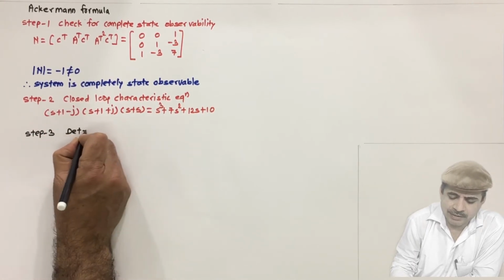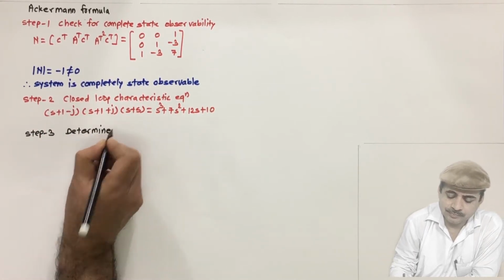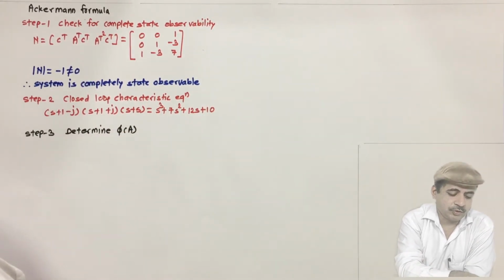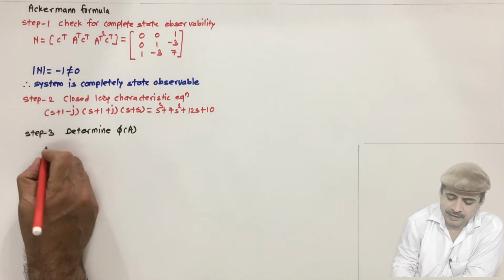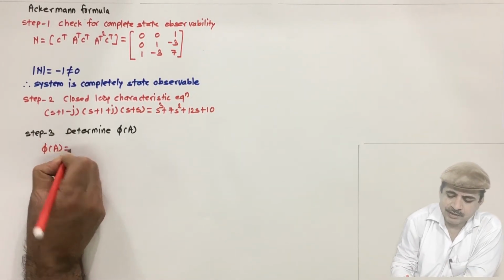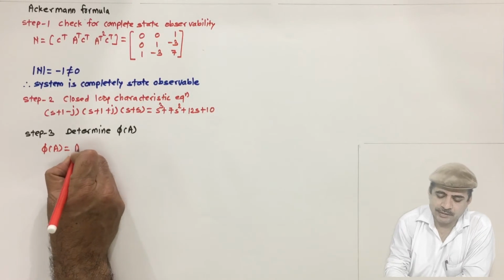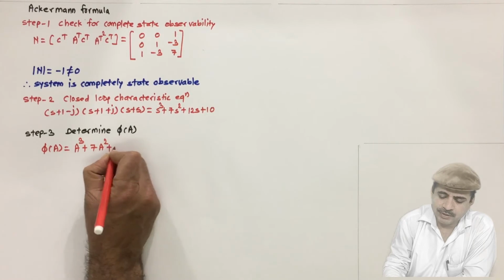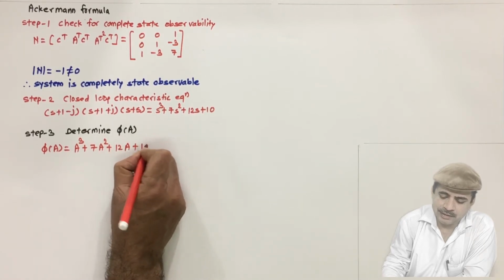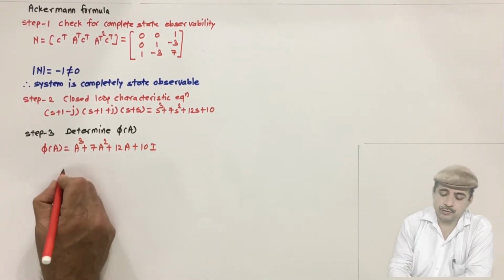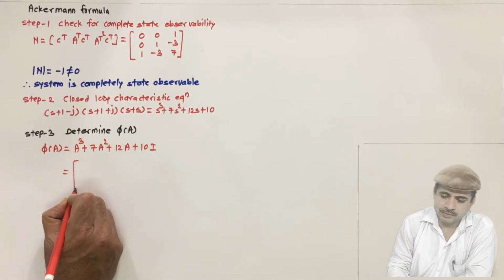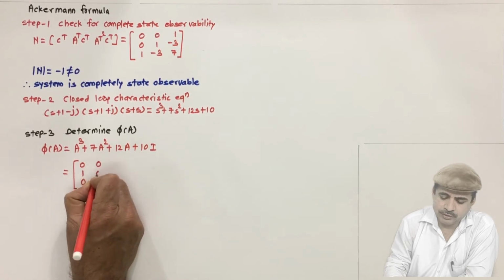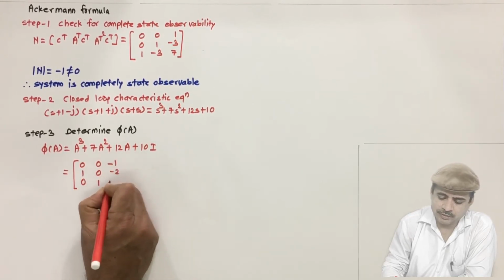And then step 3. Step 3 is to determine phi of A. So what is phi of A here? Phi of A is obtained by replacing s with A in the closed loop characteristic equation, so that is A cube plus 7A square plus 12A plus 10I. So what we have to do now is, A is given as 0 1 0, 0 0 1, minus 1 minus 2 minus 3.